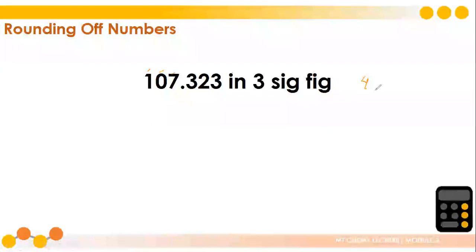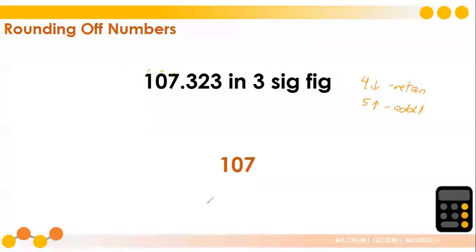Remember the rule, if it's 4 and below, you retain it. If it's 5 and above, you add 1. What is your final answer? If your final answer is 107, then you are correct.